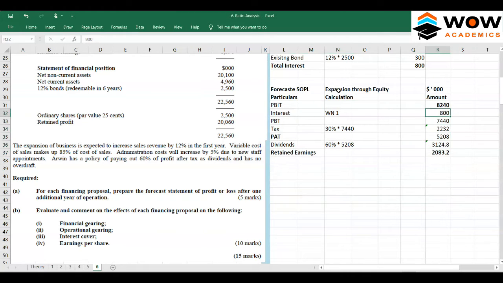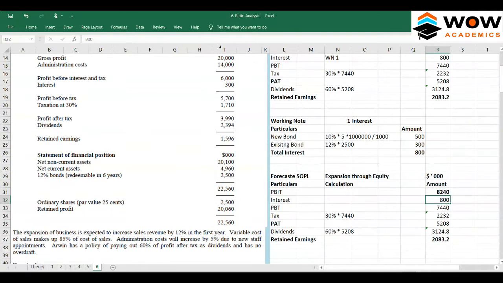If you take the interest, there's no new issue, so only the old interest will be paid again. The old interest is only 300, so we can take that itself.